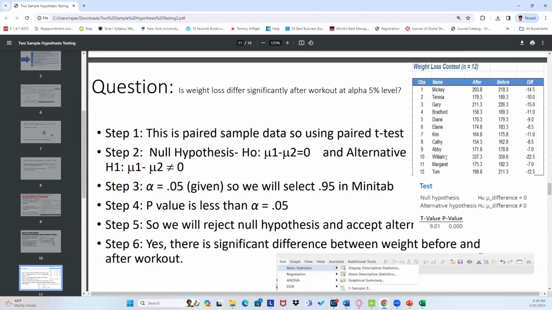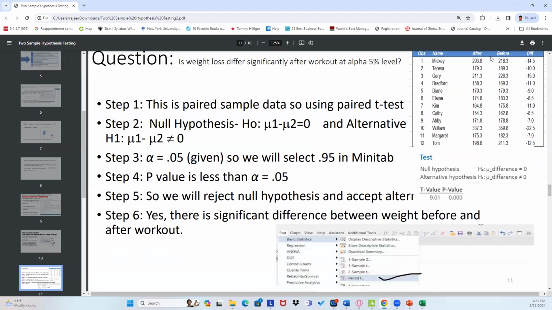And you see, this is the case of a paired sample, where these are 12 people, 12 samples, before and after. The question is whether weight loss differs significantly after a workout.